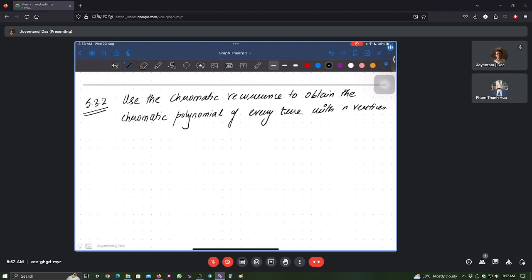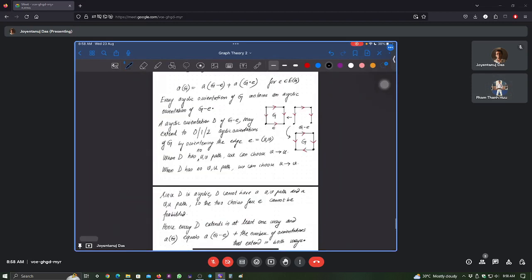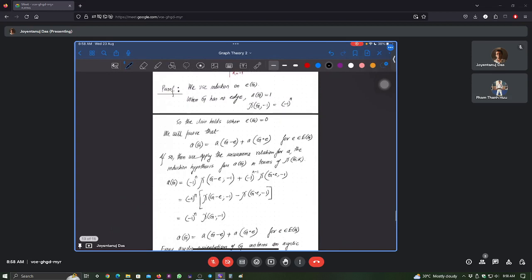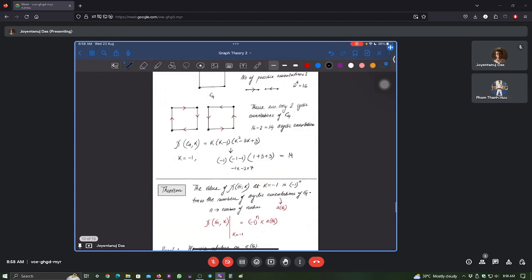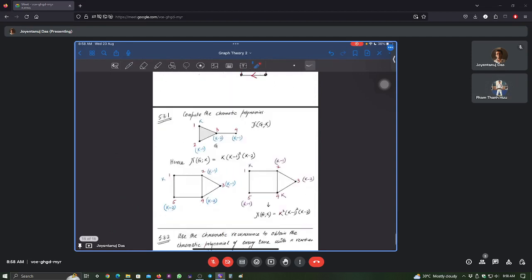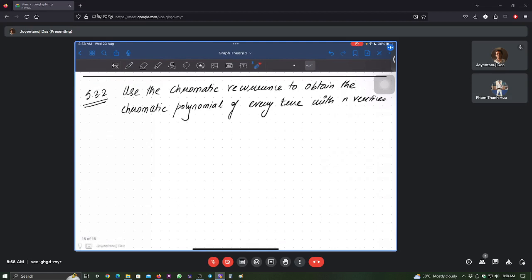What it is saying is that we can use the chromatic recurrence we studied. The recurrence uses edge deletion and edge contraction. So we'll use that to find the chromatic polynomial for any tree with n vertices.